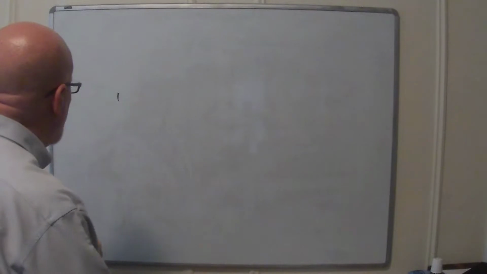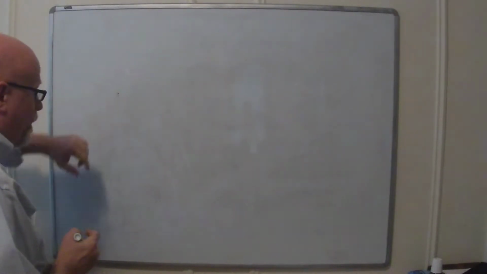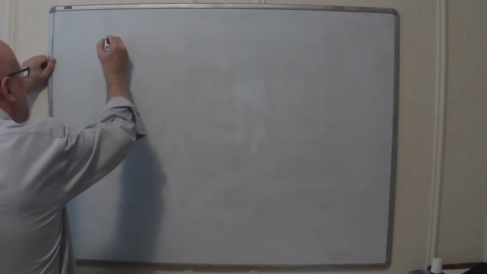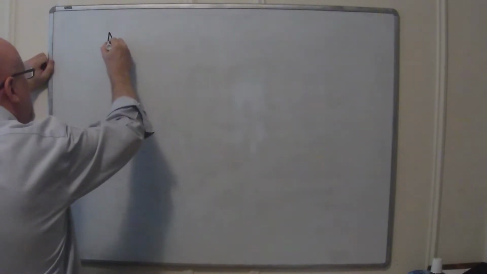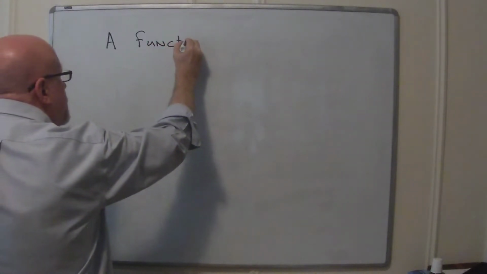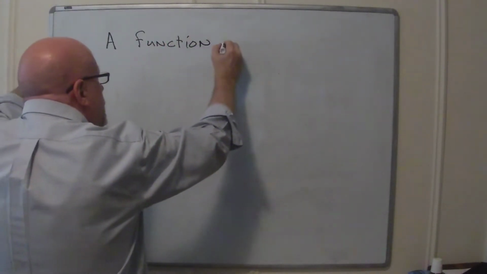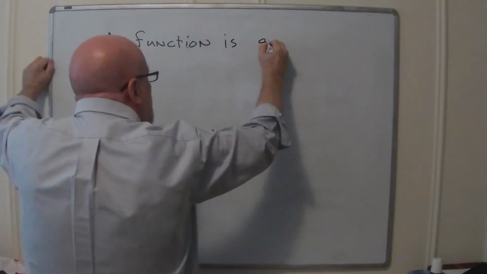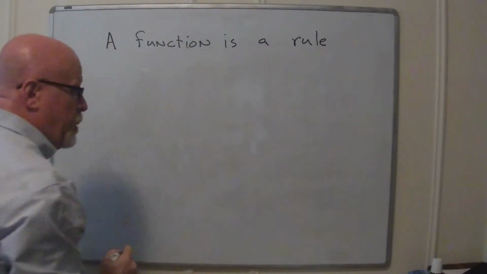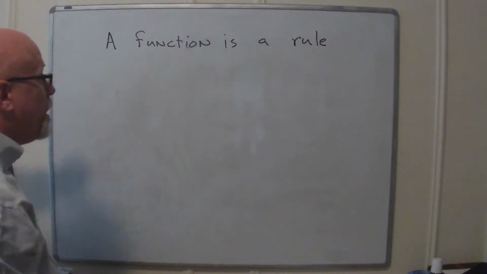So I'm going to start off just saying the definition here. This is a little bit of an old school version of it, but a function can best be thought of as being a rule. And what that rule needs to do is, like I just said, be consistent.